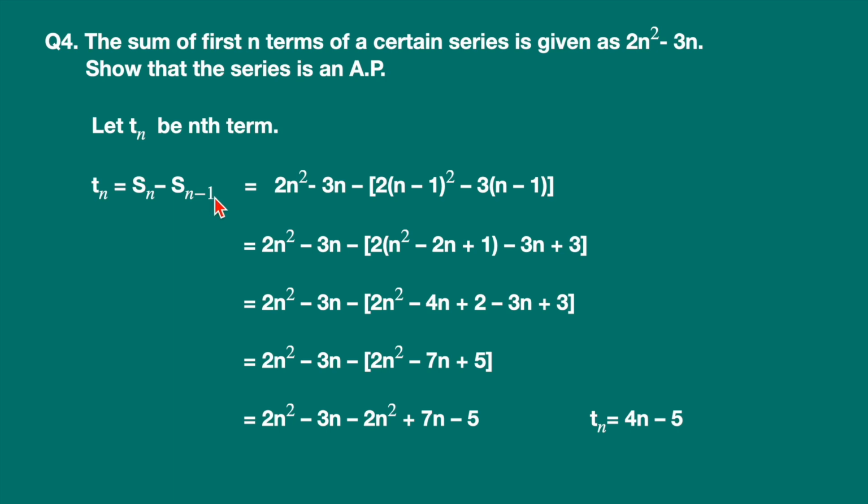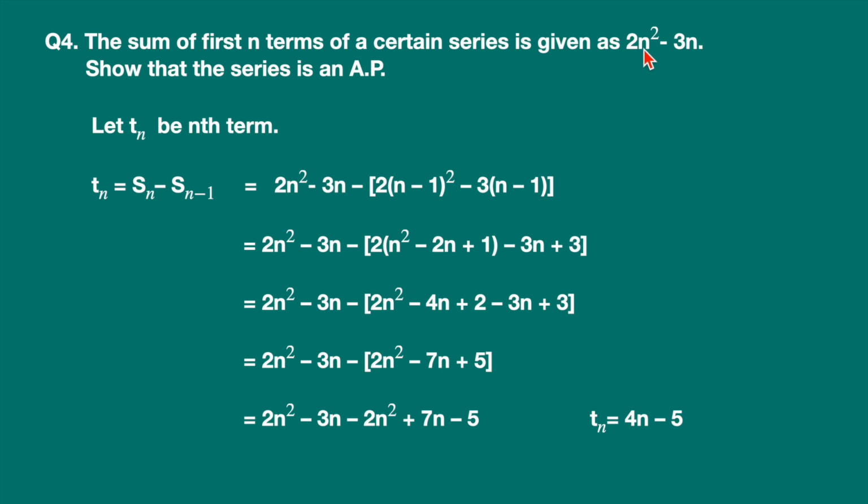To understand this better, suppose we want the fifth term. The fifth term is equal to the sum of the first 5 terms minus the sum of the first 4 terms. It's the same way: the sum of the first n terms minus the sum of the n minus 1 terms will give us the nth term.